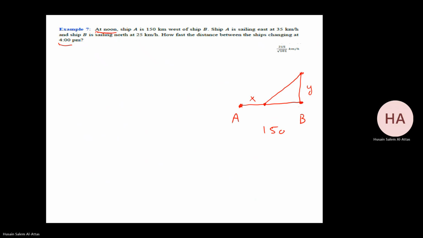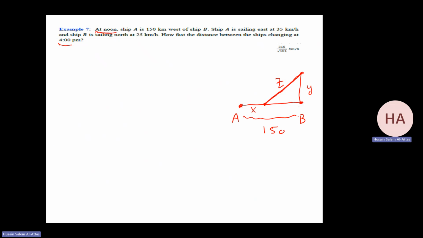Now I want this. Call it Z. I want the rate of change of this quantity, the distance between them, after some time. Let me write X here.